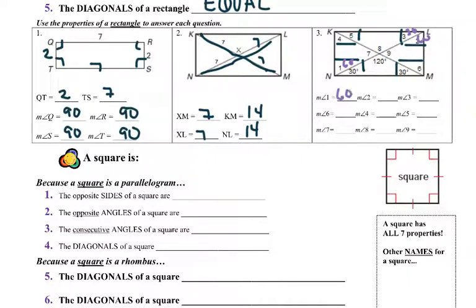So 1 and 2 are both 60, and angle 3 there is 30. Similarly, if I come down to 4, 5, and 6, 6 is going to be 60. And then that's going to reverse with 60 and 30 over here. So angle 6 is 60, 4 is 60, and 5 is 30.